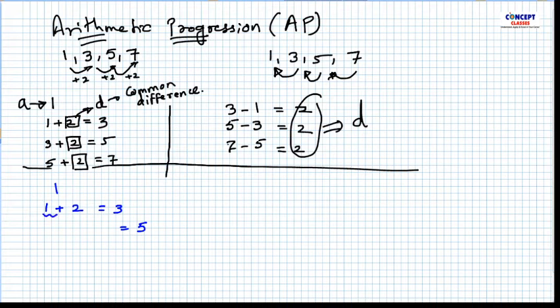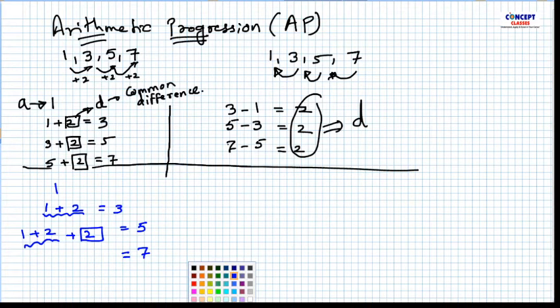I will take this term again, 1 plus 2, and I will just add plus 2. What is this plus 2? This is the common difference, and I will get 5. Suppose I want my next term, which is 7. What will I do now? I will take this full previous term again, and write it as 1 plus 2 plus 2.